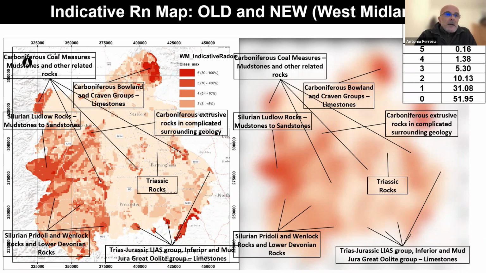Some of them I can mention: the Carboniferous coal measures and some other rocks. For instance, in the top right corner of the map, it's related to the hotspot around the Peak District.